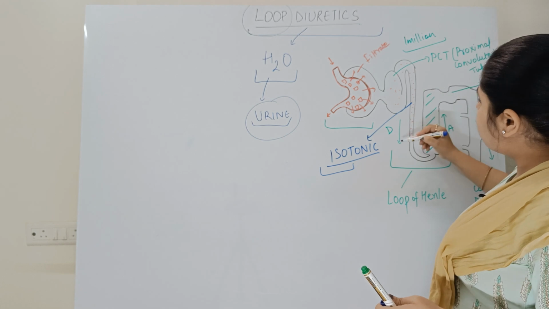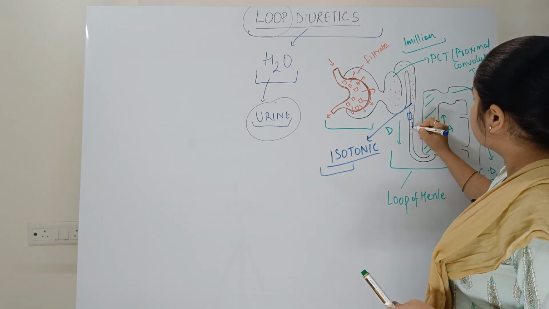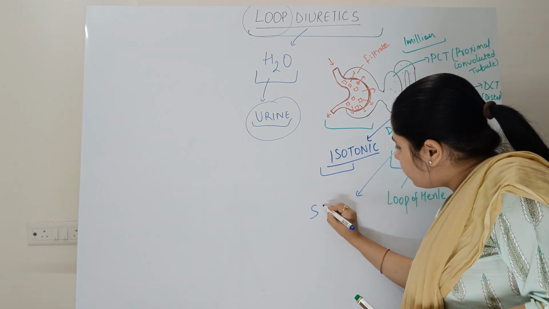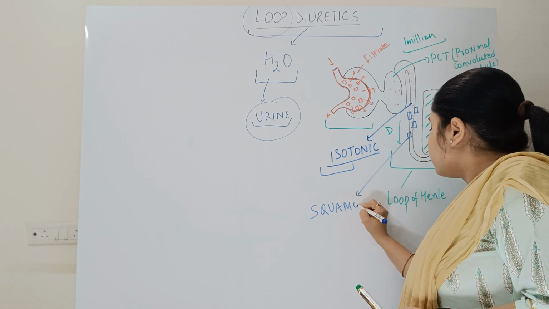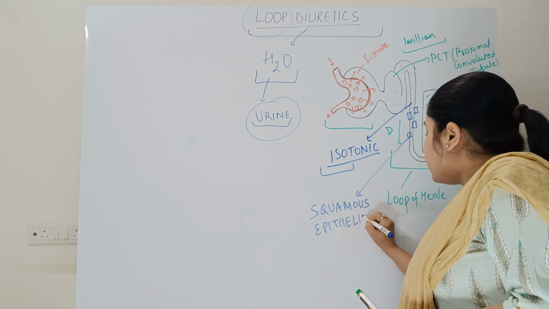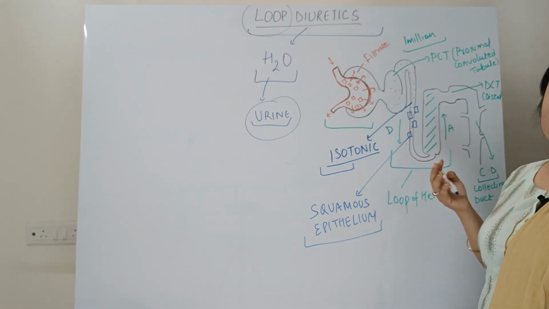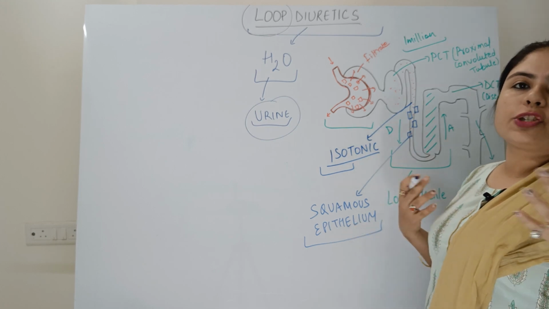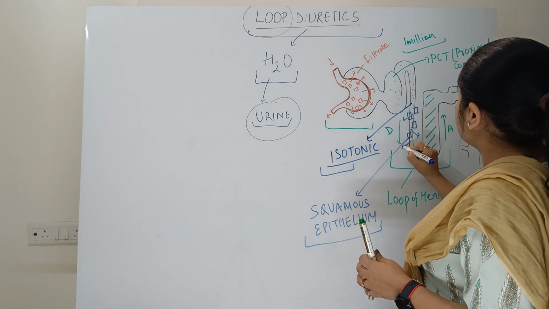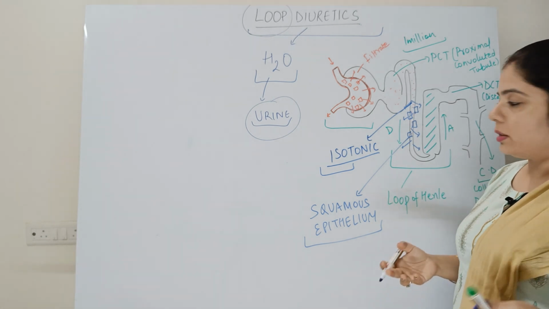But in the descending loop of Henle, there are squamous epithelial cells present, and they allow easy exit of water. So they are open to exchange of water molecules, and water can easily be absorbed here, or lost here.